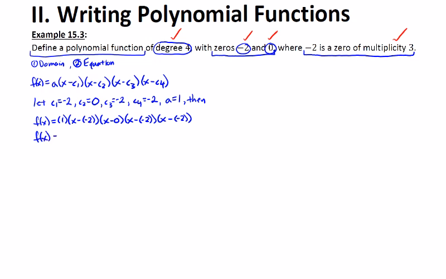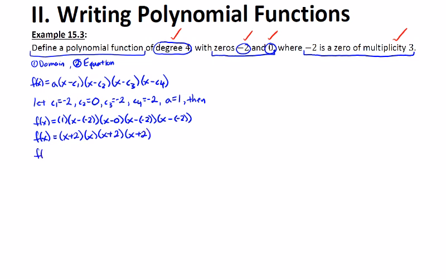Cleaning that up like we did in example 15.2 A through D, we would drop that 1, let it be implied, giving us x times (x plus 2) times (x plus 2) times (x plus 2).